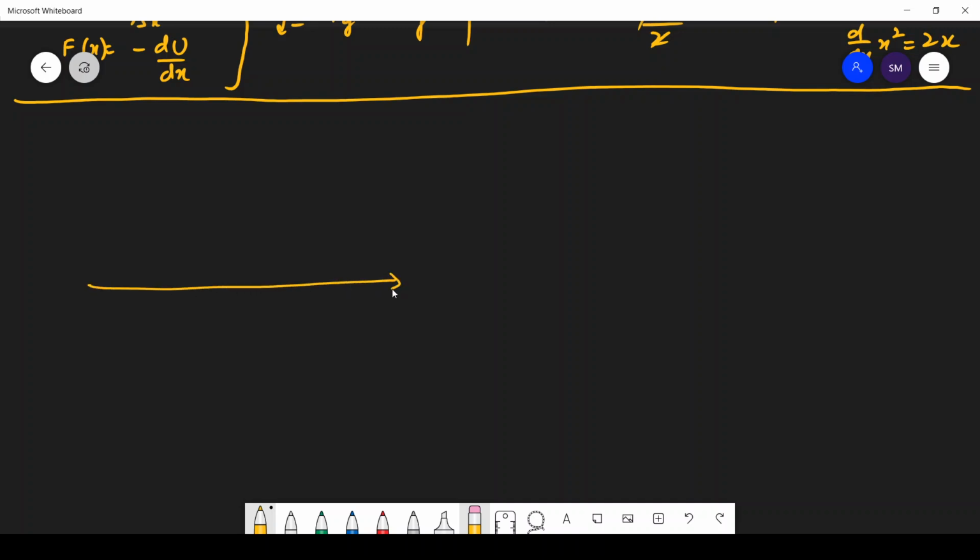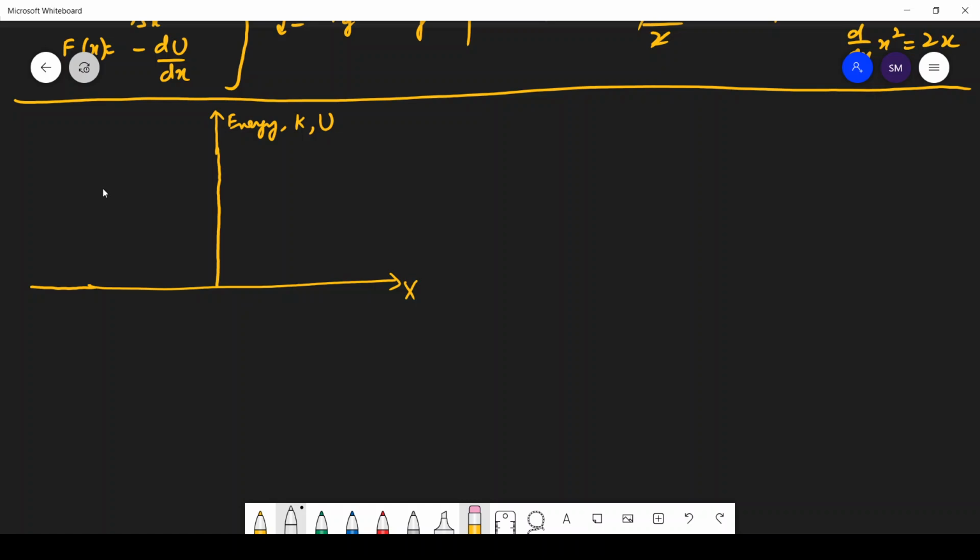So this is my position, and on this graph I have plotted the energy: kinetic energy, potential energy, all the energy is over here. Now let us write kinetic energy.